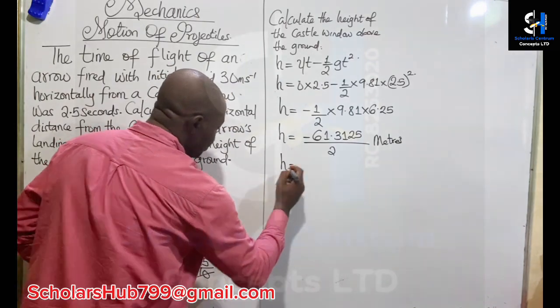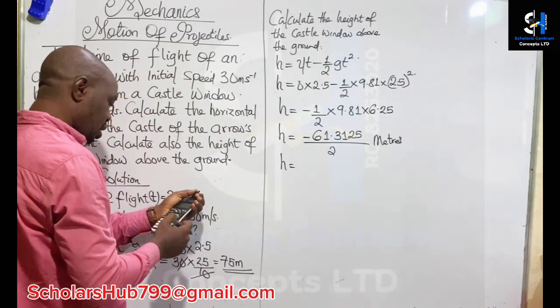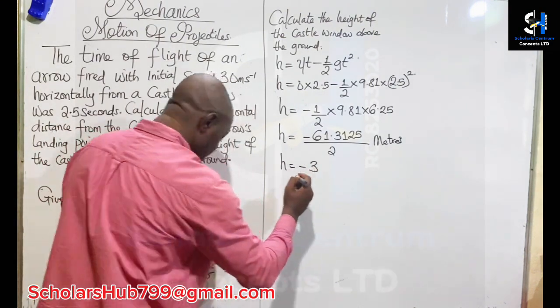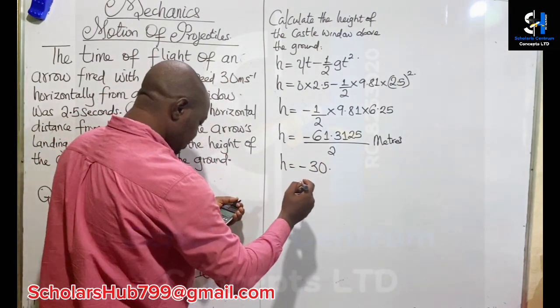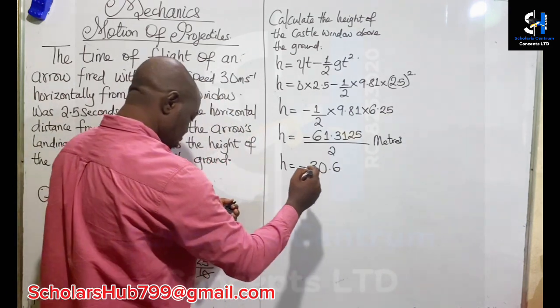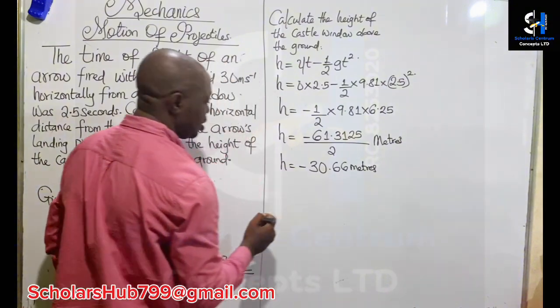Let's divide this value by 2. Then we have the height h to be approximately 30.66 meters.